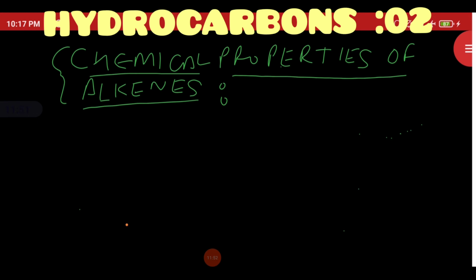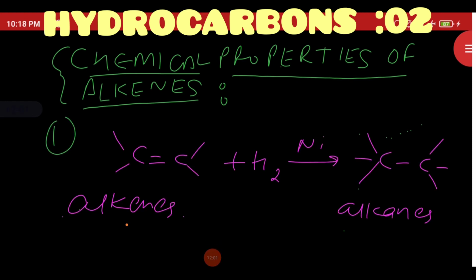Alkenes show addition reactions in which an electrophile adds to the carbon-carbon double bond to form addition products. Alkenes add one molecule of dihydrogen gas in the presence of finely divided nickel, palladium or platinum to form alkanes.